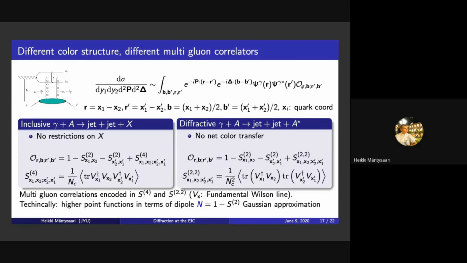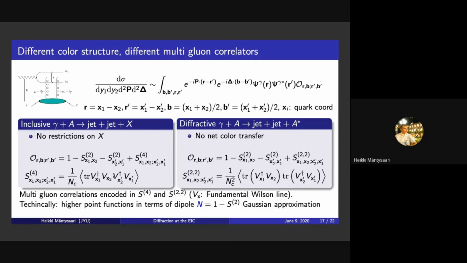This operator is slightly different in inclusive and diffractive cases because the color structure is different. If you look at inclusive jets, you don't require anything, you sum over all the possible colors for these two jets, and then you can write this operator in terms of some correlators of Wilson lines.